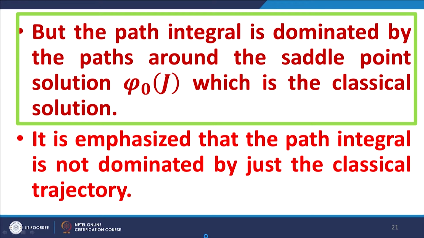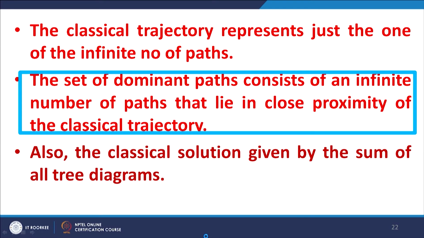The point is, as I mentioned in the context of quantum mechanics as well, the weight of each path is the same, but the important thing is that the path integral is dominated by paths which are very near to the classical path. It's not one path, every path has the same weight factor, but there are a number of paths close to the classical path which interfere coherently, constructively.